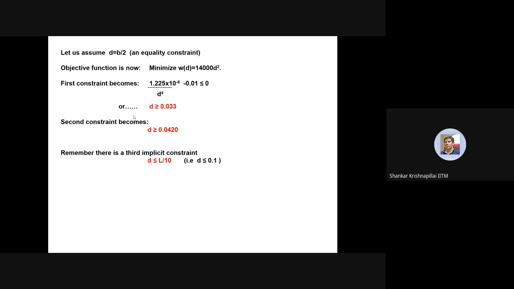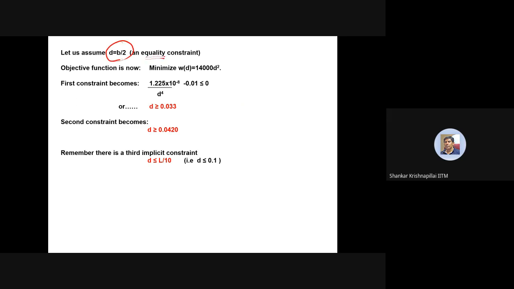Now this two variable graphical problem will be reduced to a single variable problem by assuming a relationship between B and D. Then we can start plotting the single variable problem. Let us assume that D equals B by 2, that is, depth is equal to half of breadth.